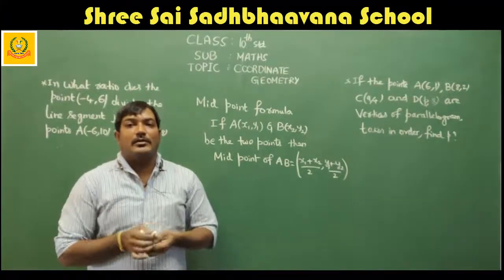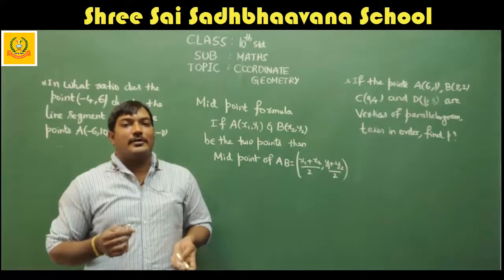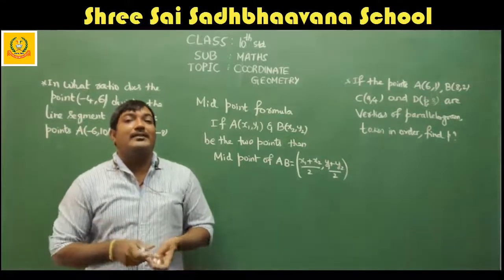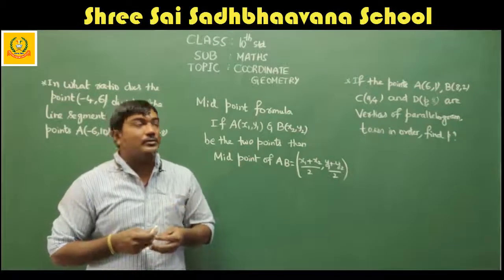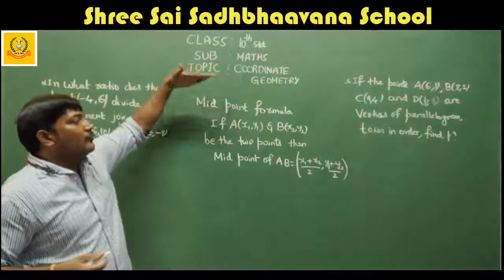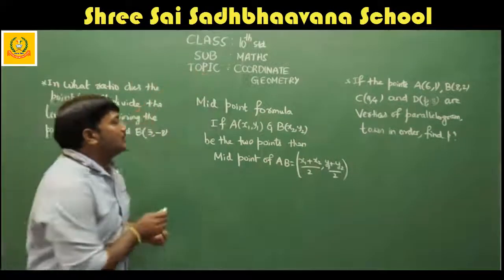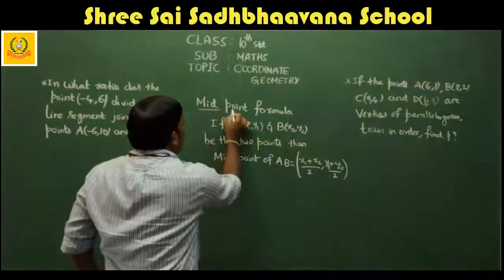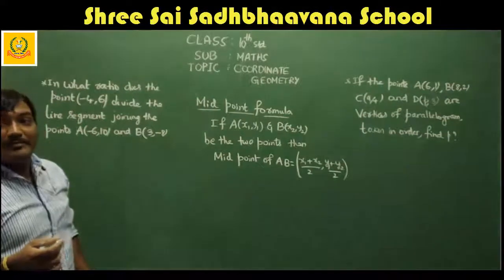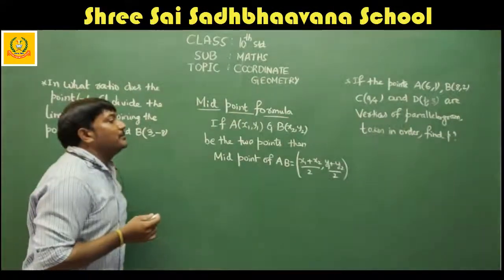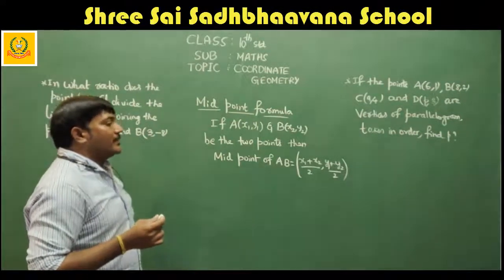Today we are going to do some more sums on the section formula. Before going to that, we will learn one more formula, which is the midpoint formula. This is how to find the midpoint of a line segment.